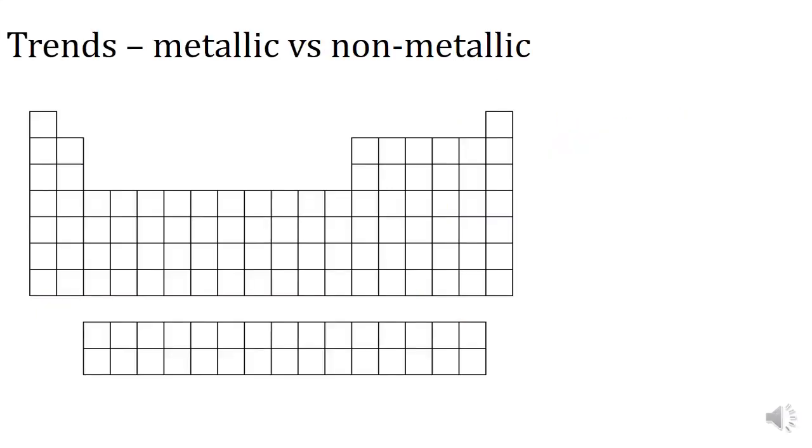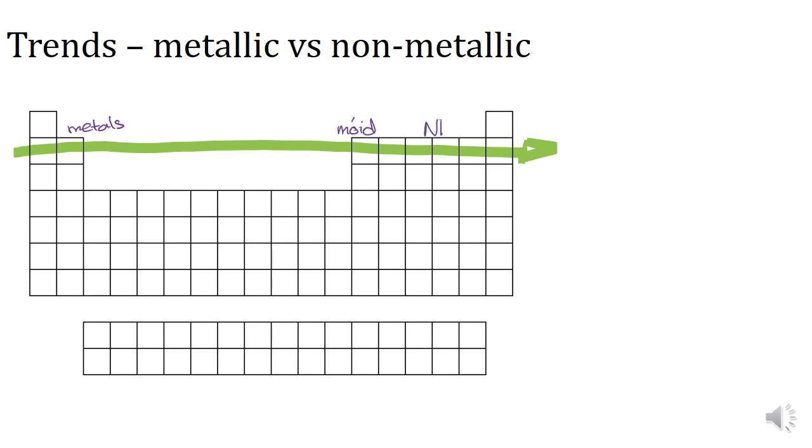So, metallic versus non-metallic character. As I move along my period, my elements go from metals, metalloids, and non-metals.